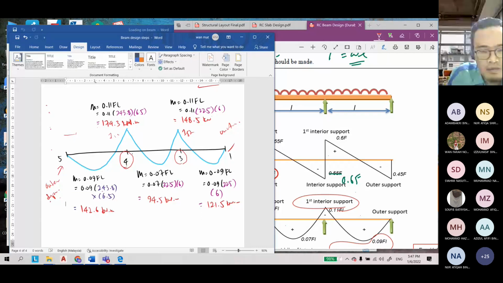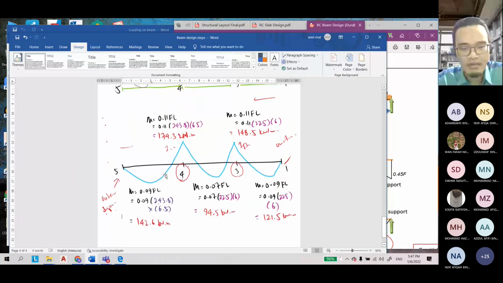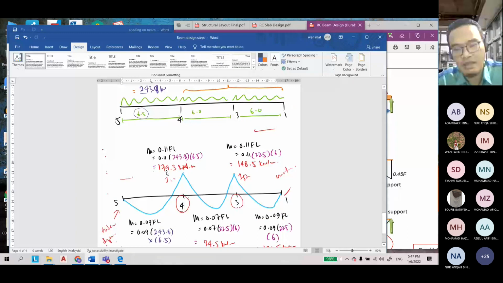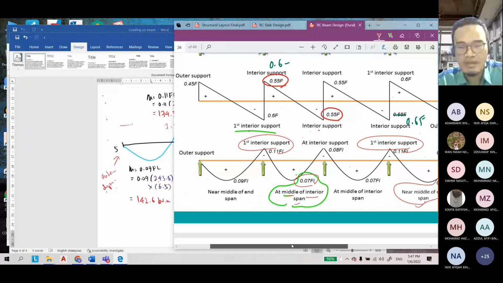So you have the bending moment at the support, and then you can calculate the shear force. I hope you can calculate the shear force.